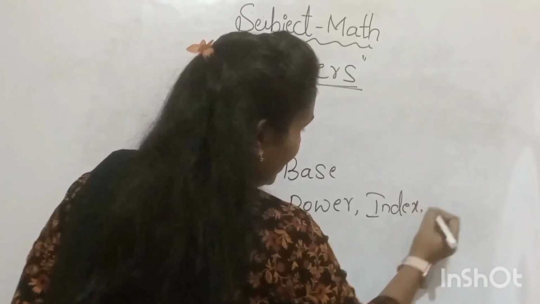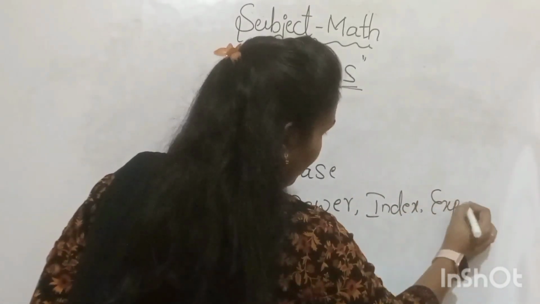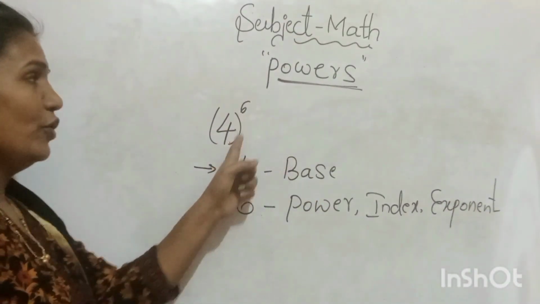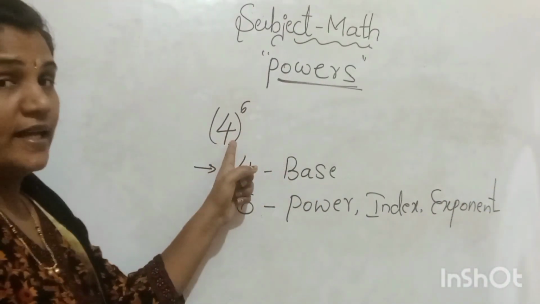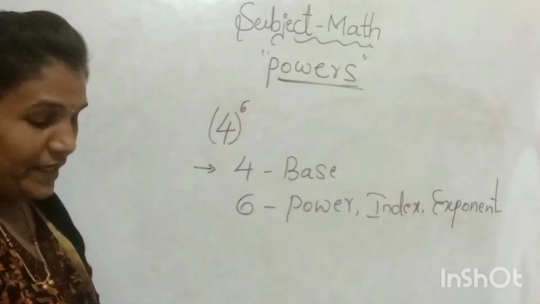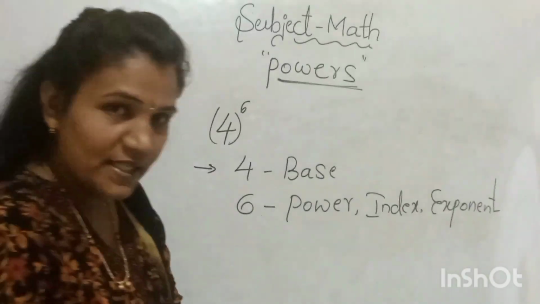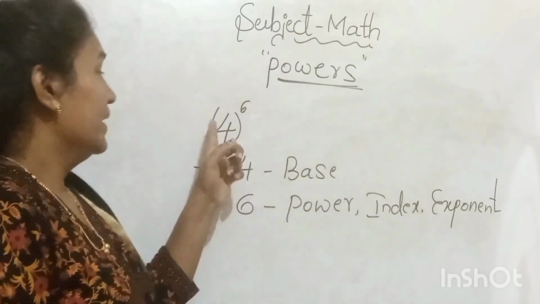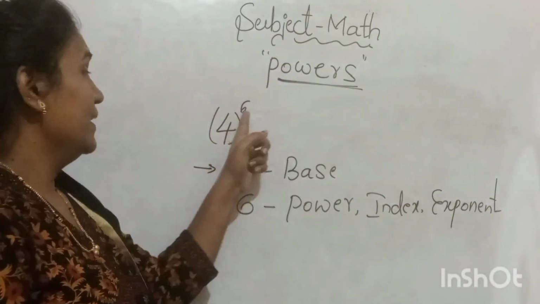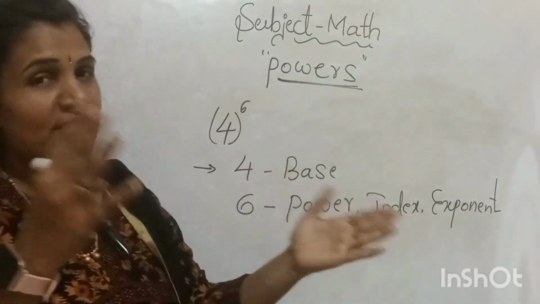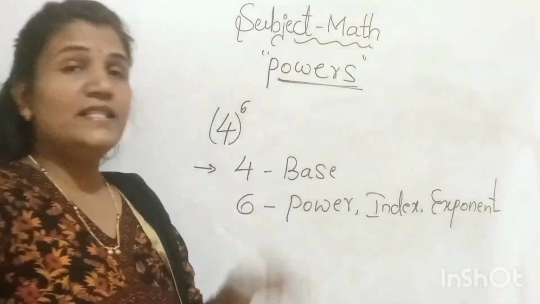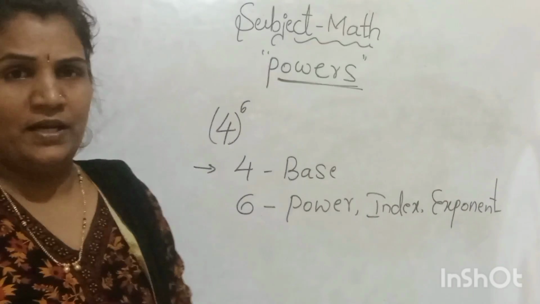We can call it the exponent also. 4 to the power 6, or 4 raised to the power of 6, both are the same. Here 4 is the base and 6 is the power, index, or exponent, as this is a whole number, natural number.